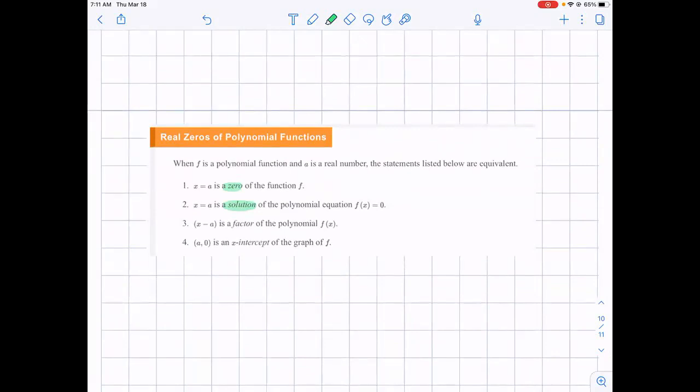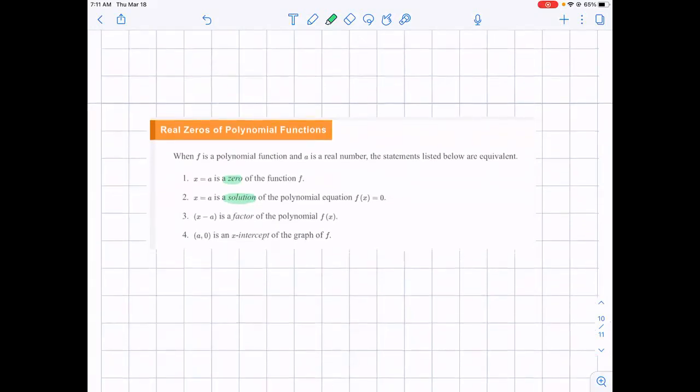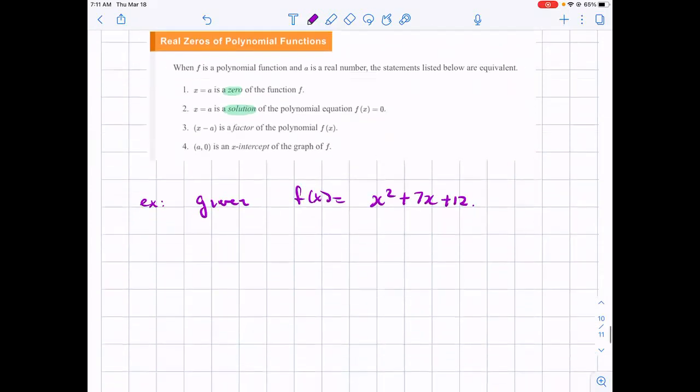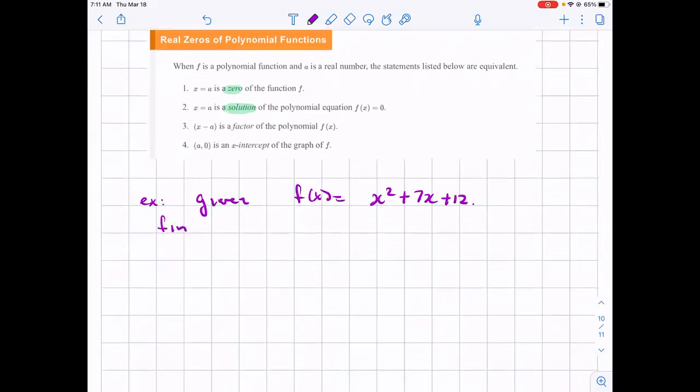So let's look at this because this is just new terminology to you. For example, given f of x equals x squared plus 7x plus 12, if I ask you to find the zeros, this is the same as finding the solutions.